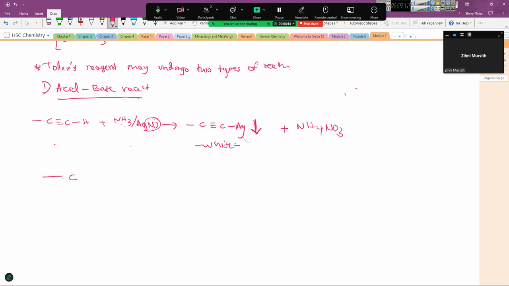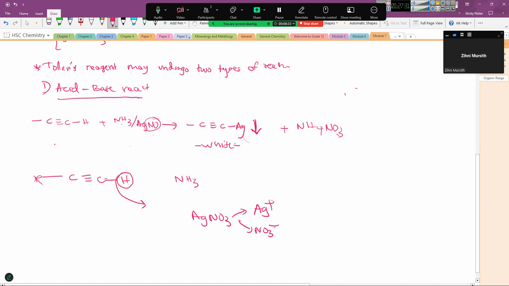So we have C triple bond C. We can have anything here. Now in the system we have NH3 and AgNO3. So AgNO3 will exist as Ag plus and NO3 minus. Now this H is going to be released as H plus, and this H plus will come and join with NH3 to produce NH4 plus, and this Ag will come and combine here.